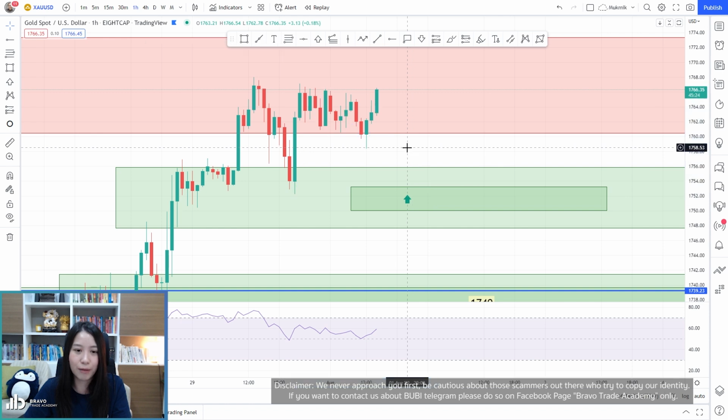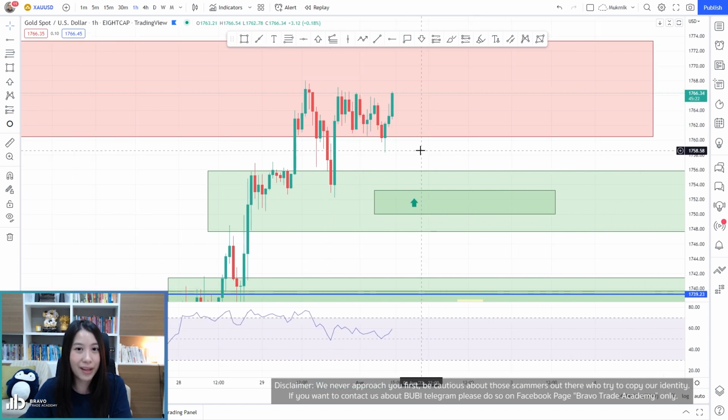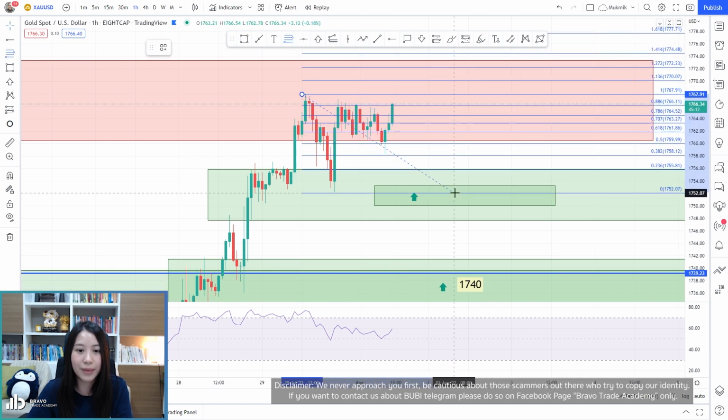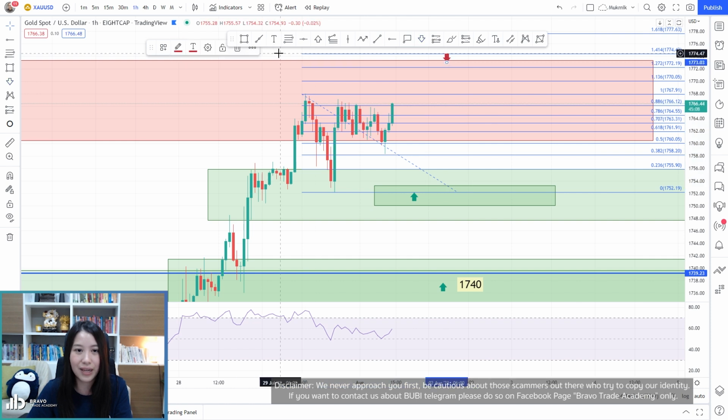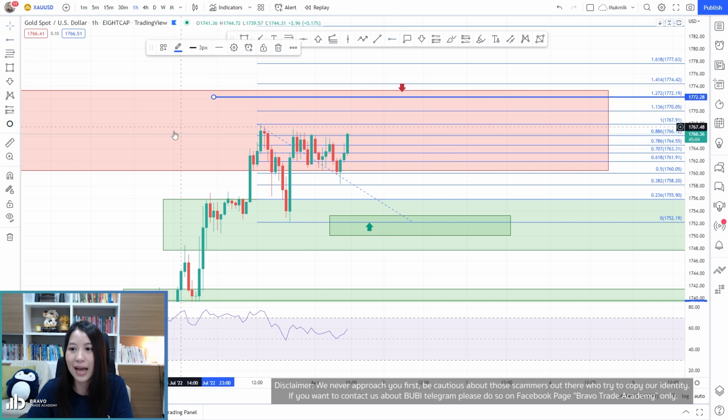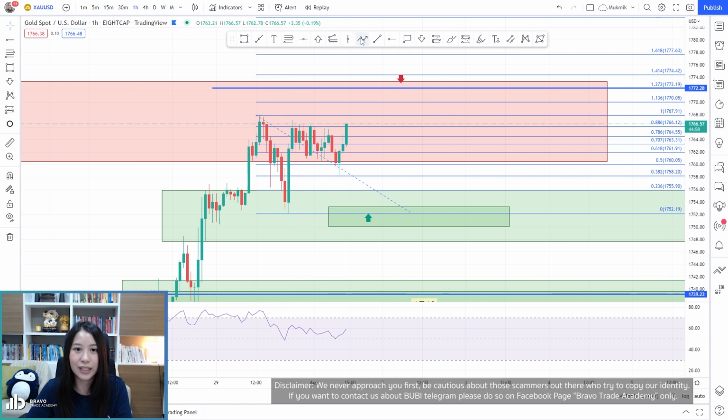What about the selling plan? If you remember, in the daily time frame and the 4 hours time frame it is an uptrend, so we do need to be careful about selling as well. So we need a confirming signal, which is the classic divergence. The first point that I would give you is around here at 1772, but the price needs to make this pattern, so it makes a higher high.